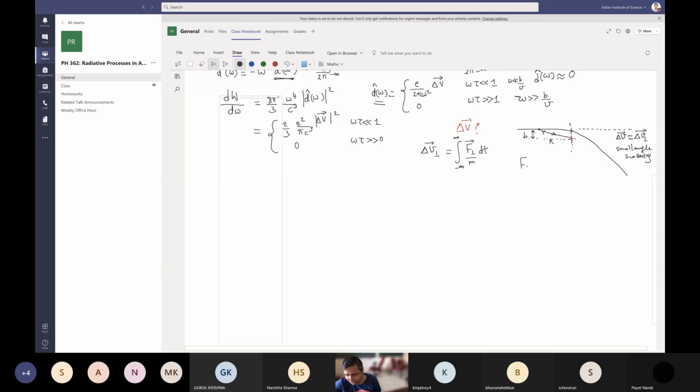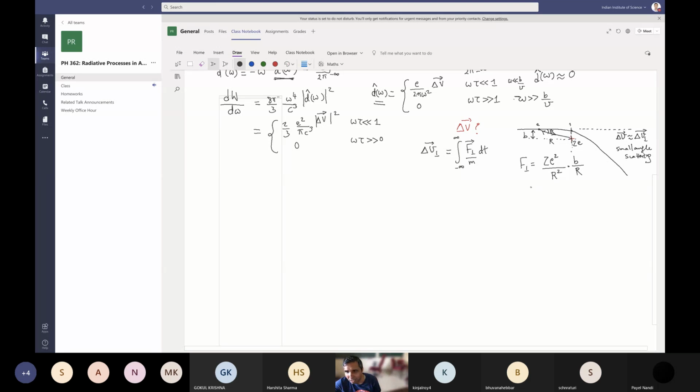Right, so the force acting along the line joining these two charges: this is Ze and this is e. So this is Ze squared by R squared, right? But we have to take the perpendicular component of this. If this is angle theta, we have to take sine theta, but sine theta is nothing but B by R, right? So this is the magnitude of force acting in the perpendicular direction.